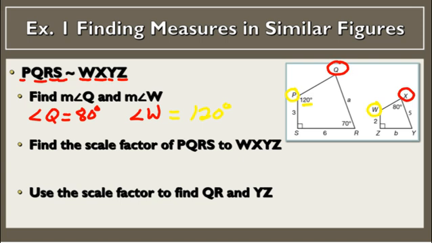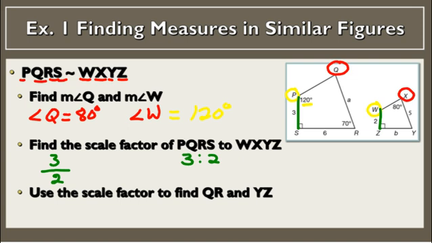So I know that PS, we are given what PS is, and that is 3. This is the same side, WZ, in the smaller shape, and we were given that one as 2. So I can say it is 3 to 2, or you can write it as a fraction, 3 to 2 that way. So that one has a scale factor of 3 to 2.